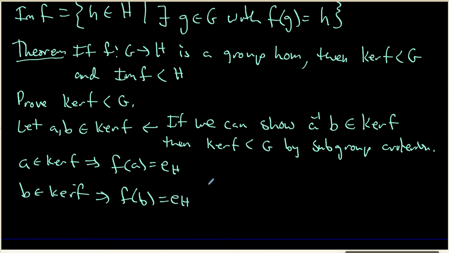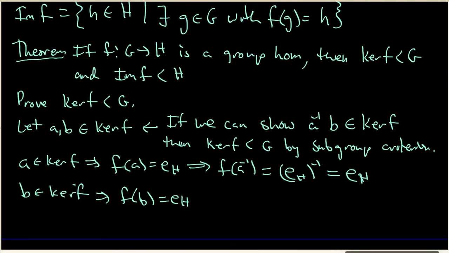Now, the fact that f is a homomorphism also lets me say something else. This particular equation lets me also say that f of a inverse is going to be e_H inverse, which is just e_H. And that's from one of the previous videos.